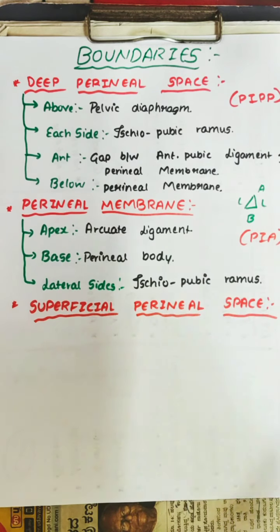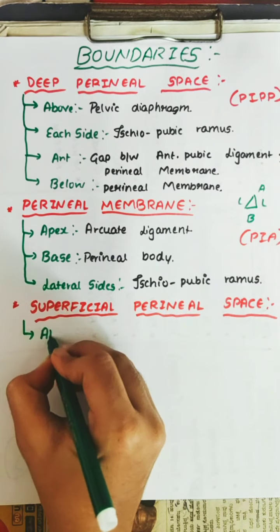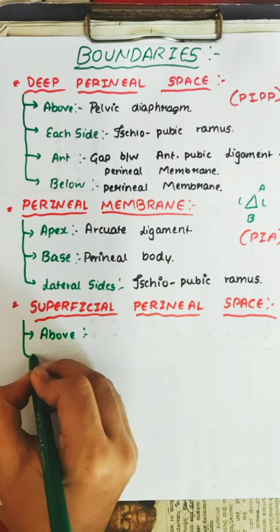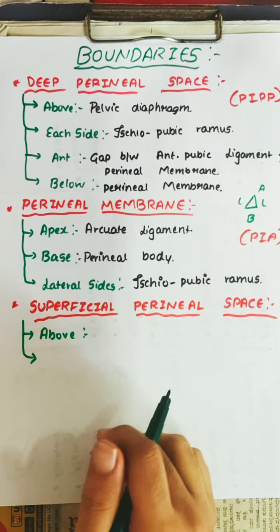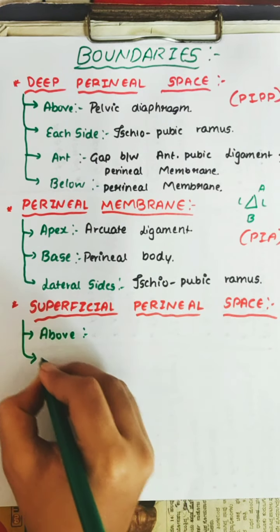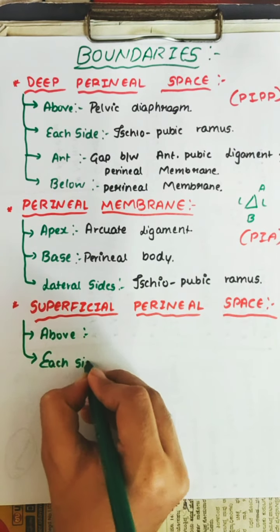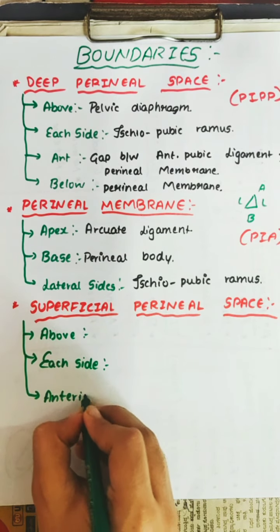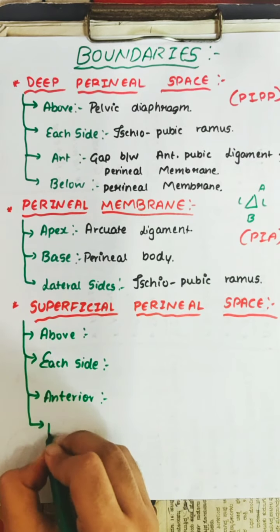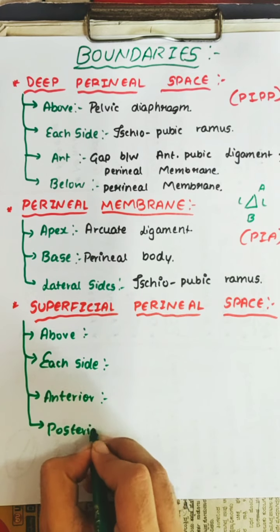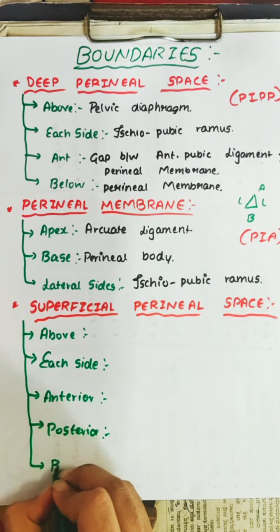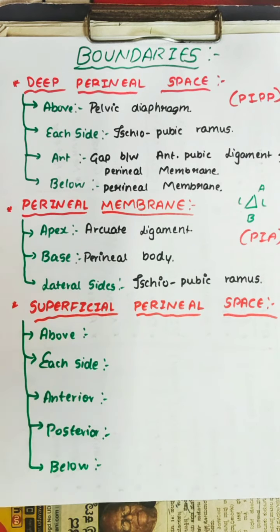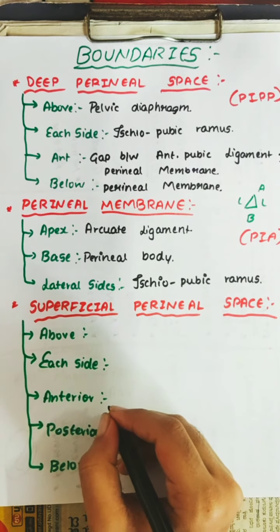Okay, now we'll be studying the superficial perineal space, so we'll be seeing the structures present above, on each side, then on the anterior side what is the boundary, on the posterior side, and finally what is present below. Okay, these are the structures surrounding the superficial perineal space.